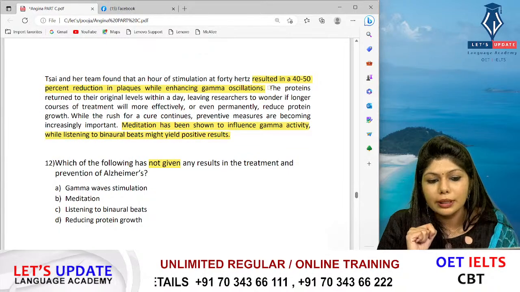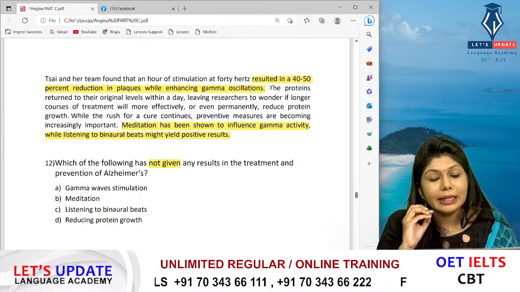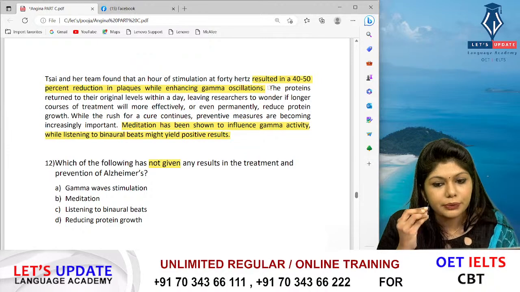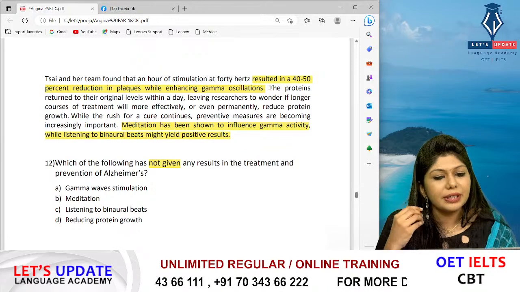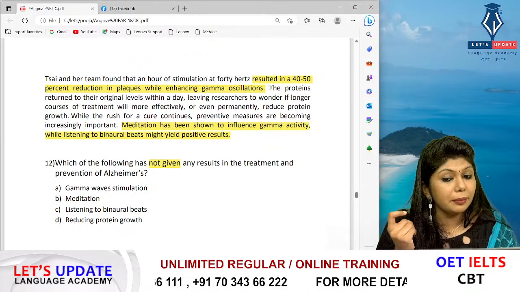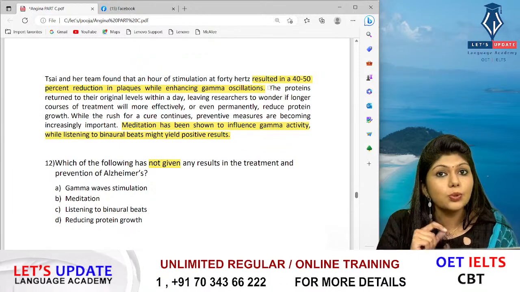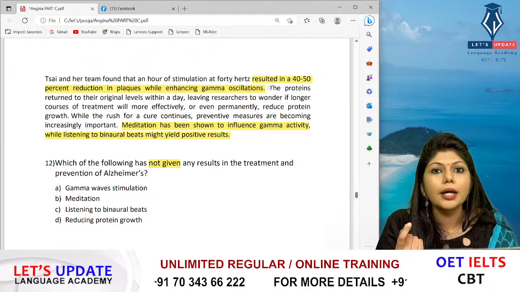So what they have mentioned is, researchers are wondering if longer course of treatment will effectively or even permanently reduce protein growth. So they are just wondering if it will reduce or not.